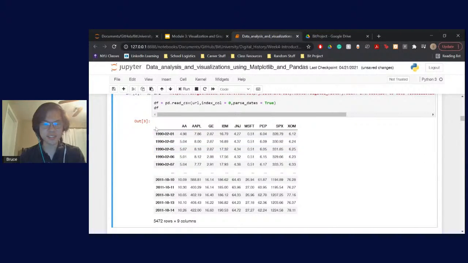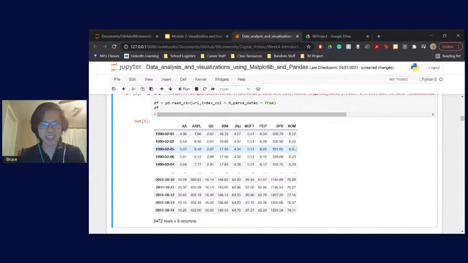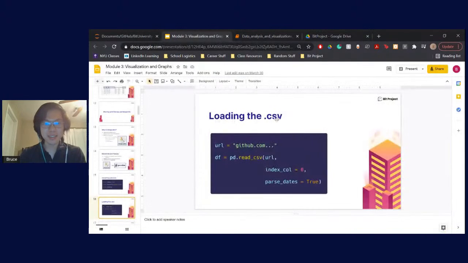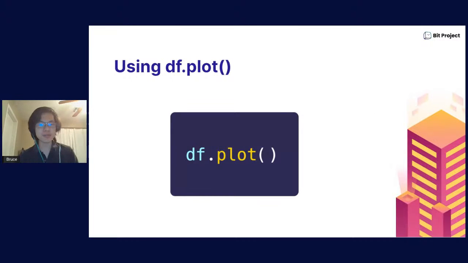So this is directly where I grabbed the thing from the beginning, where I said that it's not really clear what it is. So let's try to visualize this data. Okay. So this is what you get. Kind of a hot mess. Okay. Now we're going to be calling df.plot.